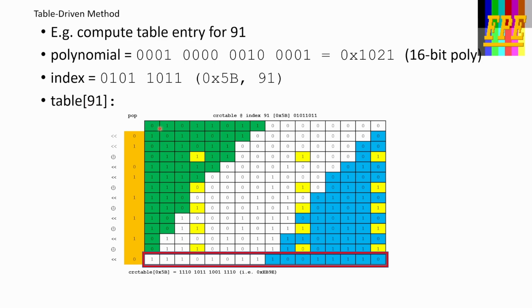So if you go through the same sequence I had before, the index is the first 8 bits, and then you've got all the zeros on the end for the other half of how you're generating this table entry. This time it's not actually the message, but the index, that you put in here and perform the same thing on.